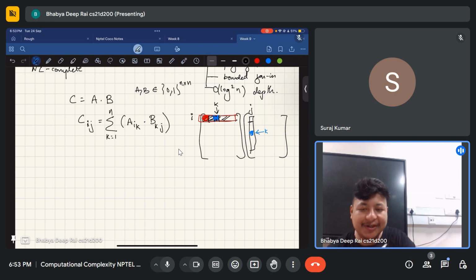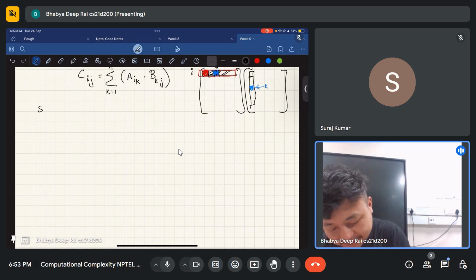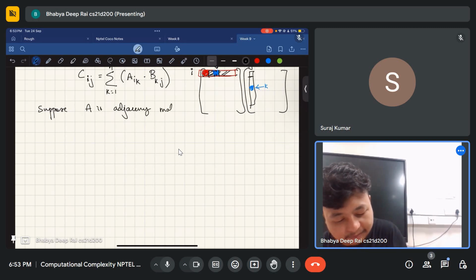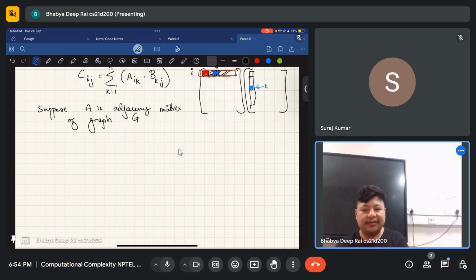Now we already saw matrix multiplication. Suppose A is the adjacency matrix of a directed graph G. What does A mean?